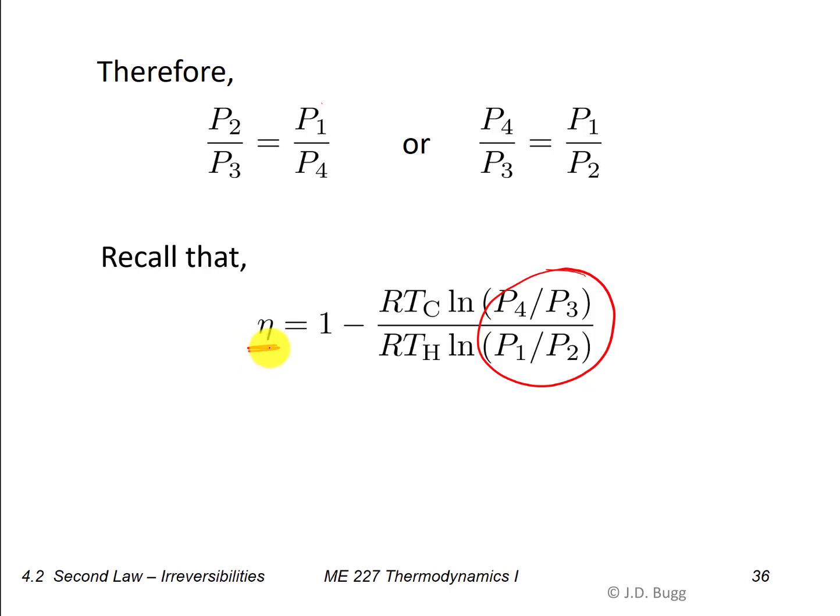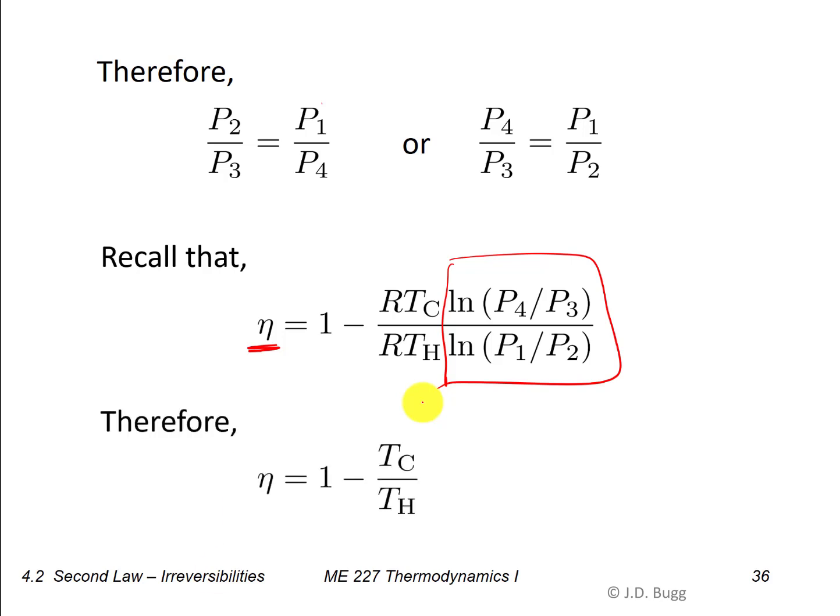So indeed, these logs of pressure ratios are equal, and therefore they cancel out. And of course the R also cancels out. So that brings us to the conclusion that the thermal efficiency of a Carnot cycle is 1 minus Tc over Th. Again, a very useful expression because it places an upper limit on the efficiency of any heat engine operating between two temperature limits.